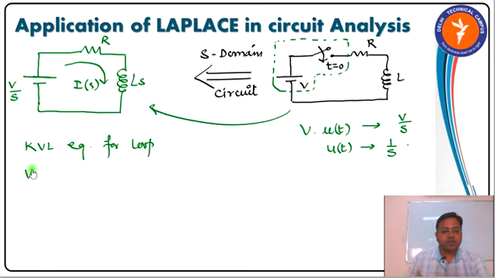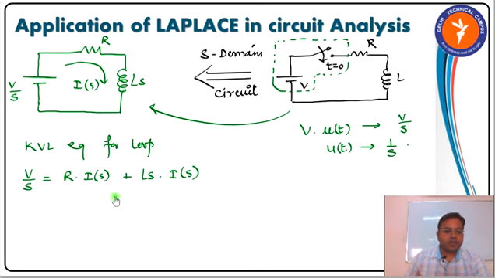We get the applied voltage is equal to the voltage drop in the circuit. So the voltage drop will be R times I of S plus the impedance times the current, so it will be LS times I of S.